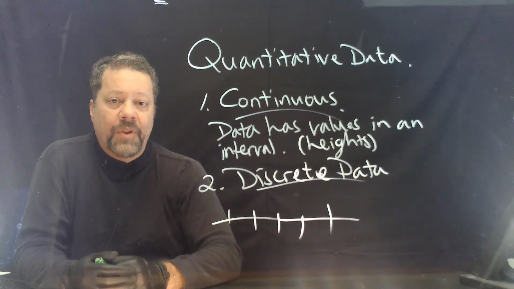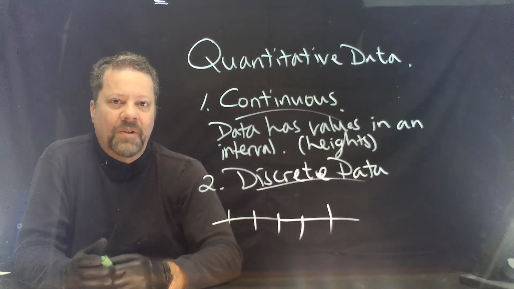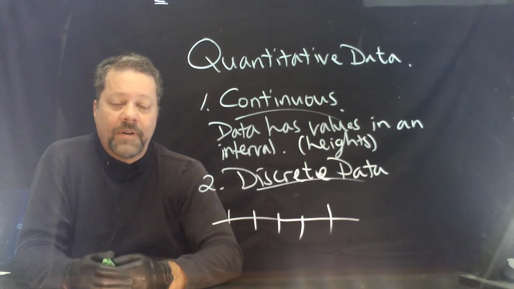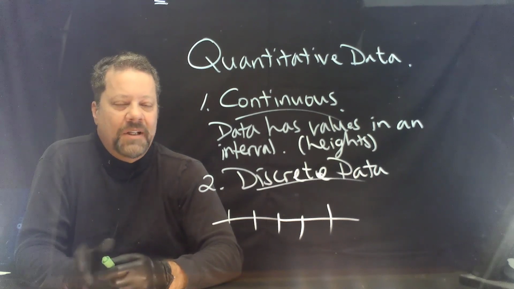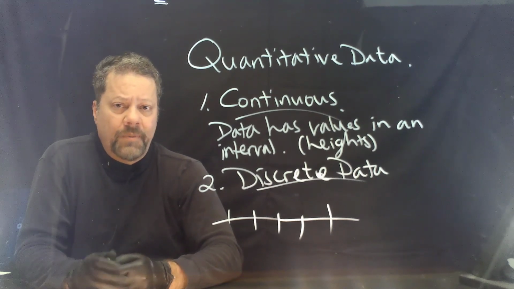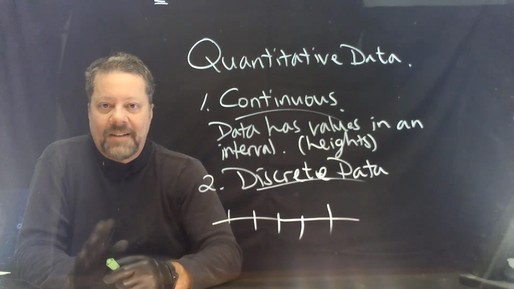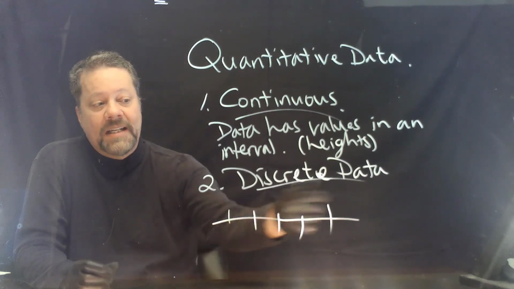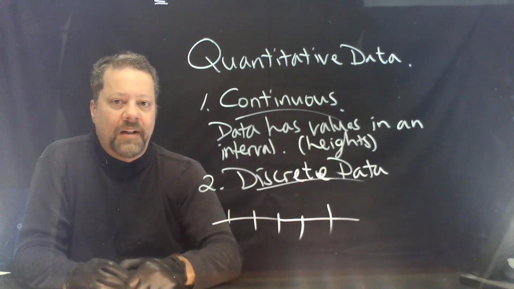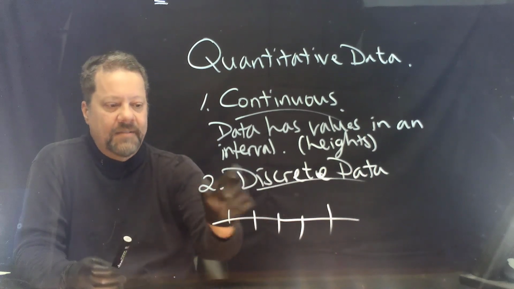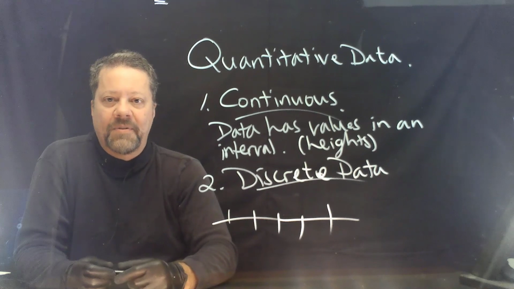You could have rooms with no chairs. Or it could be 1, 2, 3, 4, and so on. But it usually is not something like the square root of 2 number of chairs, 1.414. So the discrete data doesn't take values in an interval, it takes these discrete separated values.